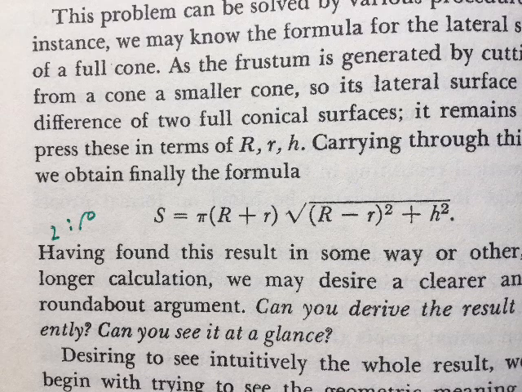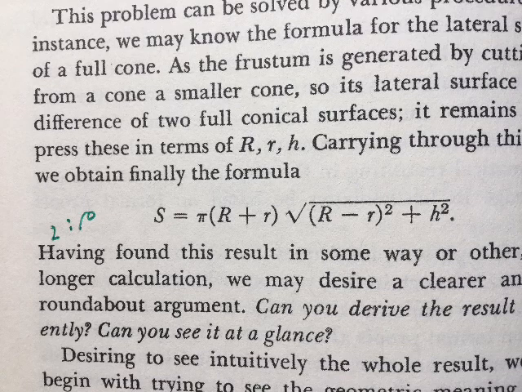1. Example. Find the area S of the lateral surface of the frustum of a right circular cone, being given the radius of the lower base R, the radius of the upper base r, and the altitude h.